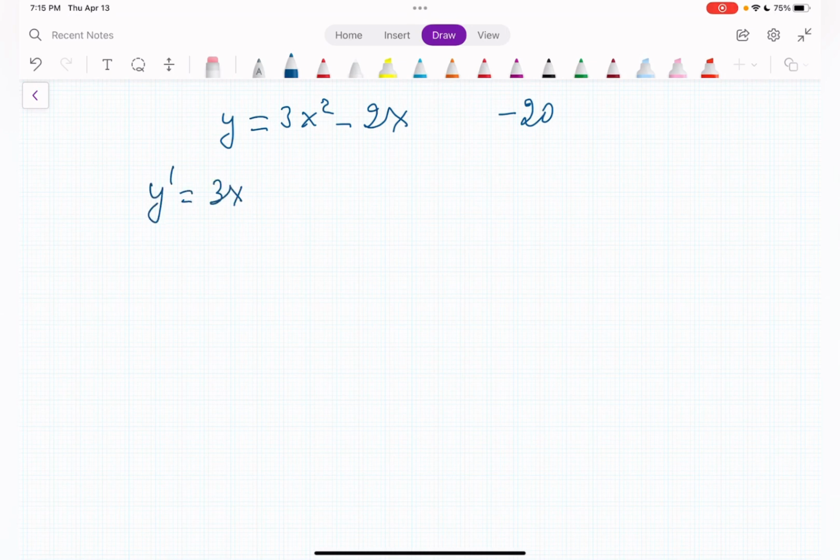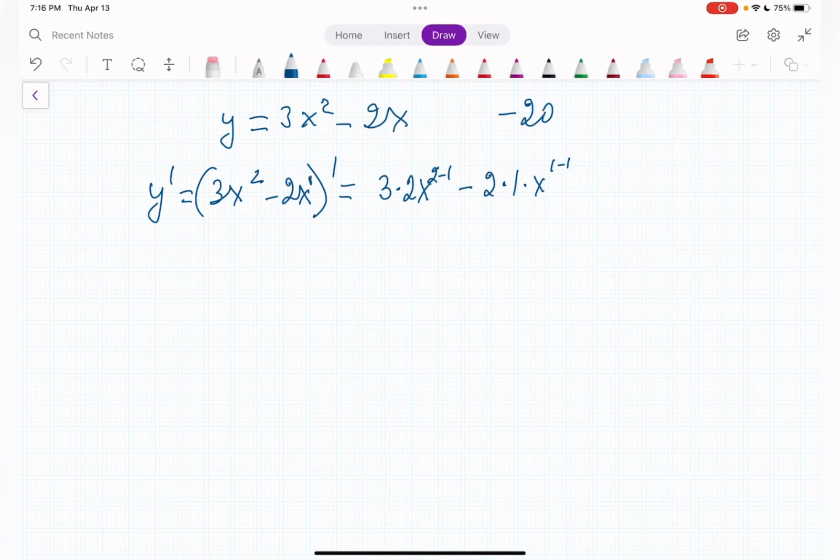So it's going to be y prime equal to 3x squared minus 2x prime. It's going to be 3 times the 2 coming to the front, 6x to the power 1, right? And then minus, okay, let's go in detail. 3 times 2x to the power 2 minus 1, and then minus 2 times, since x to the power 1, it's going to be 1 times x to the power 1 minus 1.